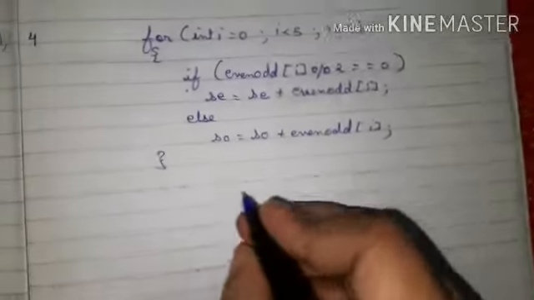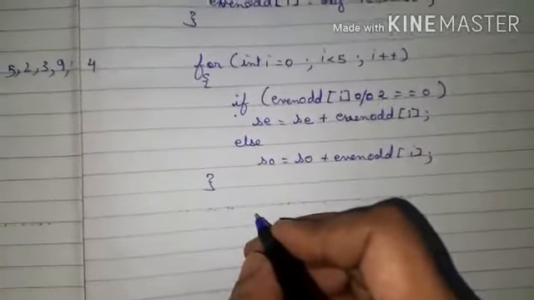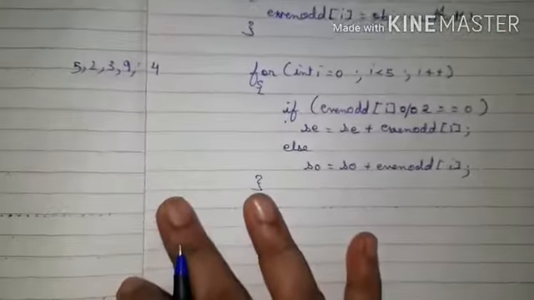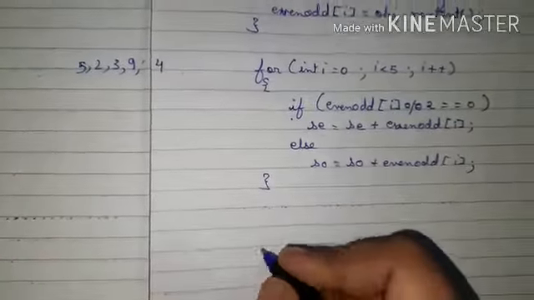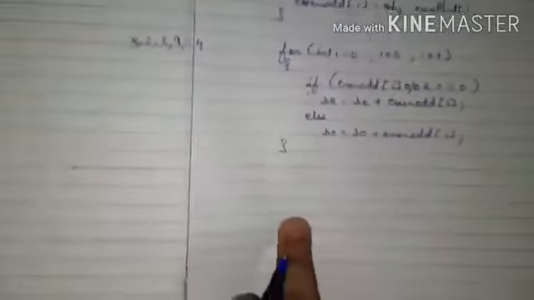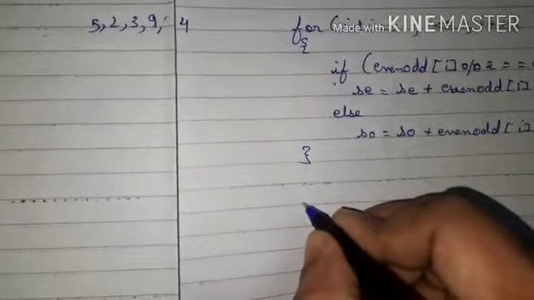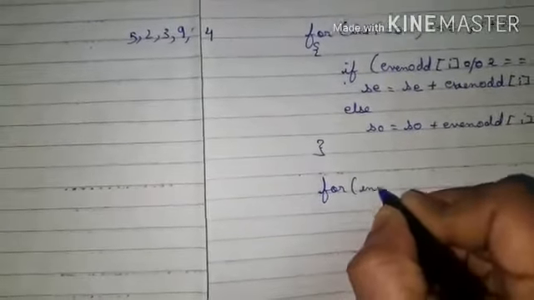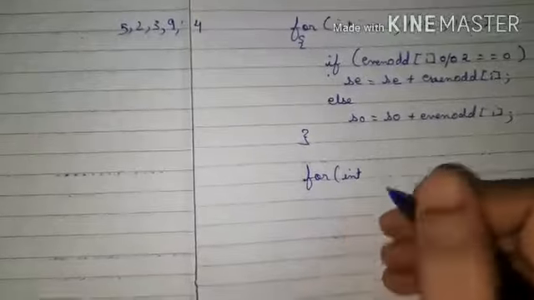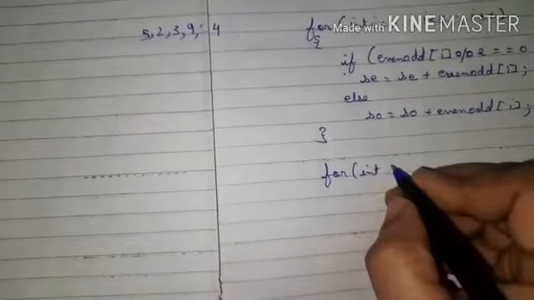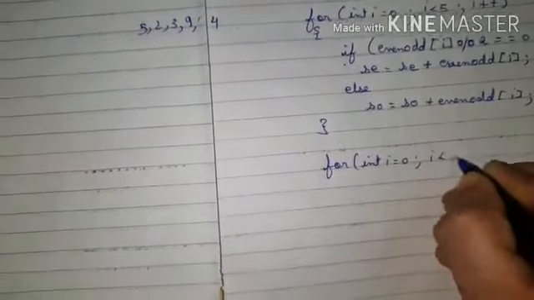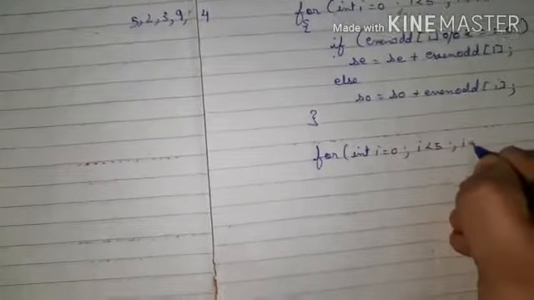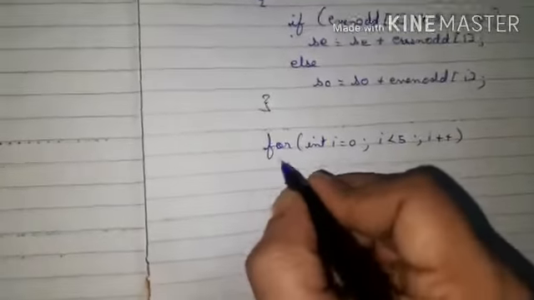After coming out of the loop, we are not going to display the array. If you want to display the array, then again you can give a for loop. So let's display the array also, so you can know the difference between normal display and the array display. For I is equal to 0, I is less than 5, I plus plus.